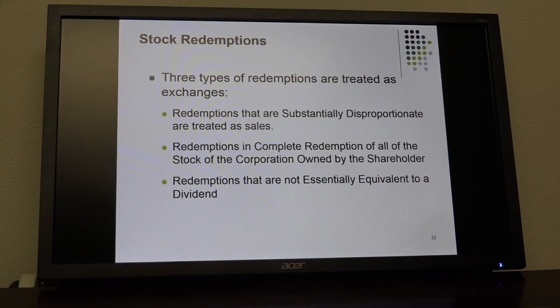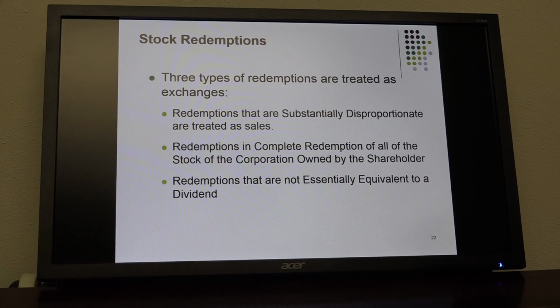Second, the redeeming shareholder cannot acquire an interest in this corporation within 10 years after the complete redemption, unless they happen to receive stock in this corporation through inheritance.